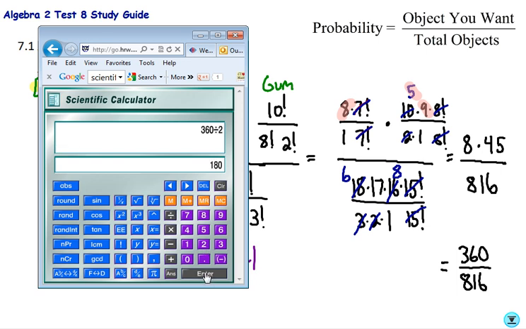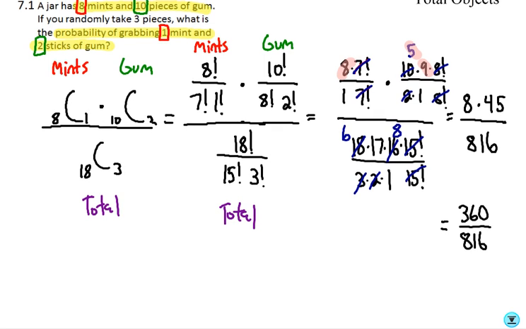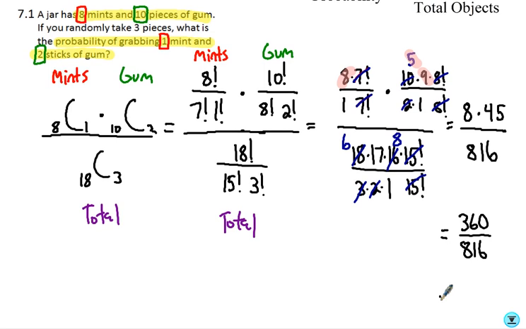And then you can cut it in half again. Oh, actually, let's try that again. 360 divided by 2 is 180. And then let's divide that in half. So we get 90. And we can divide that in half, and we get 45. So what we did is we cut it in half 3 times. So this would be equal to 45.